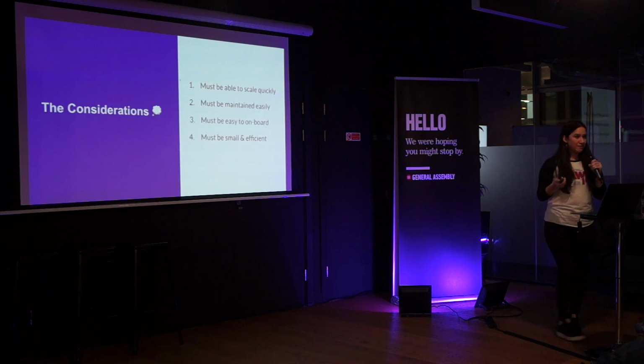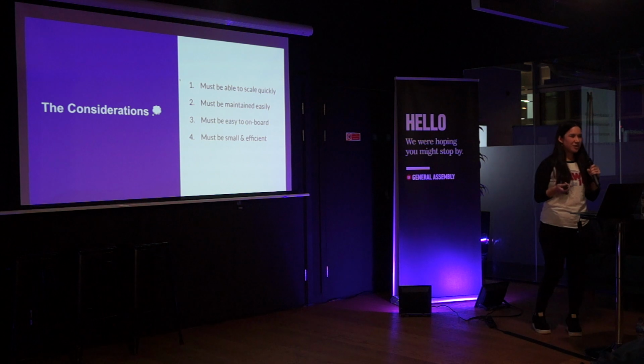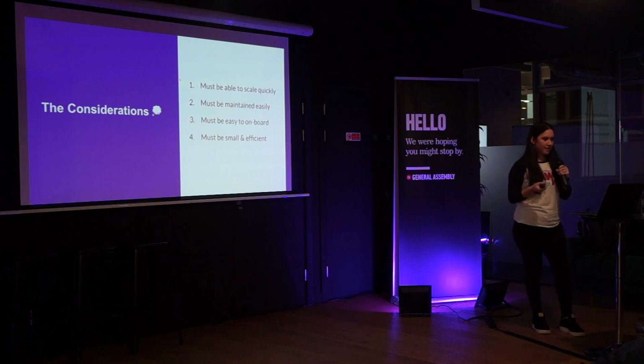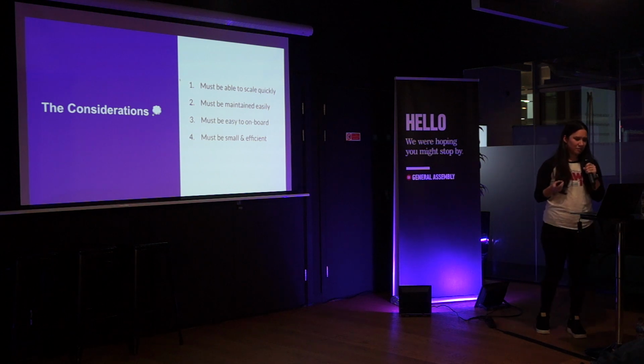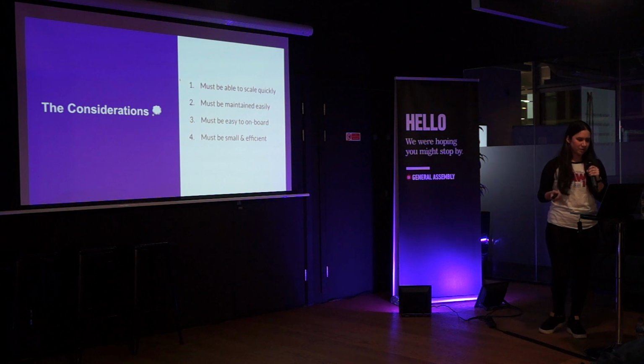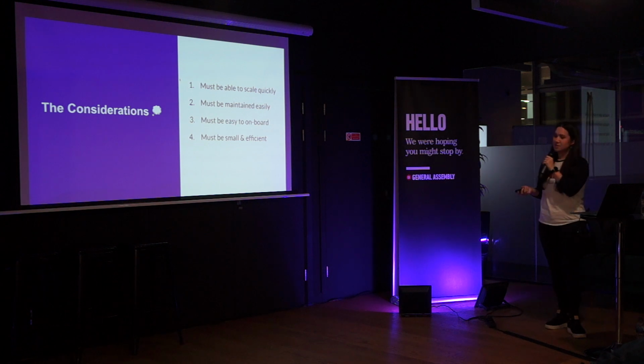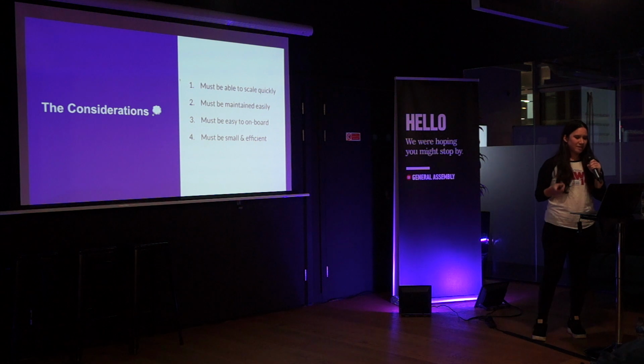So essentially what we have is a greenfield project. Therefore, finding the right framework or compiler will ensure that we get off to a really good, strong start. And these are the main requirements we considered when making our choice. So it must be able to scale quickly. When I say scale quickly, I mean in terms of size and scope. It must be maintained easily.